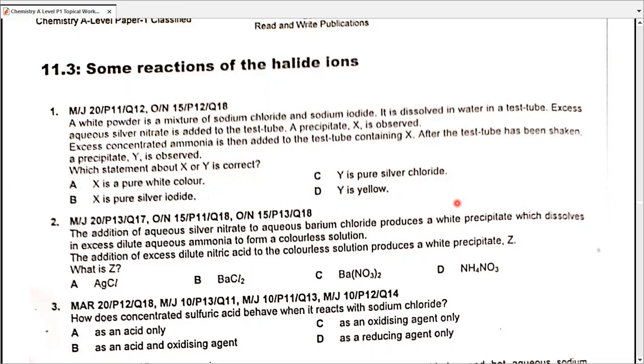Sequence with water and a testing. Precipitate excess observed.